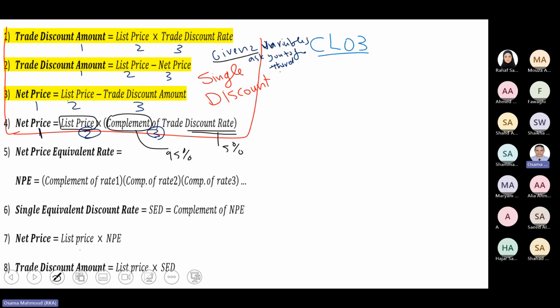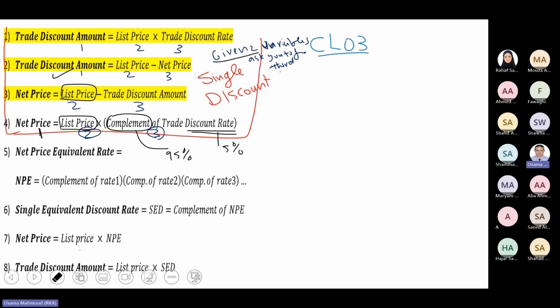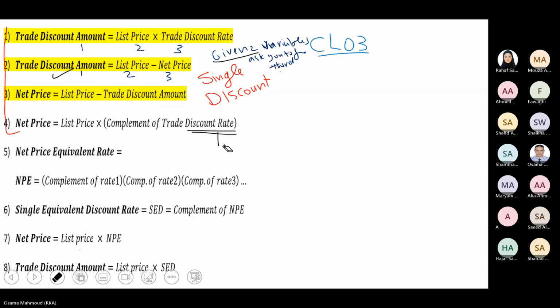If you are given the net price and the list price and asked to find the discount amount, it is better to go for this one, right? Which is the same thing. Easy? So make sure you choose the correct formula to find any result for the single discount questions.